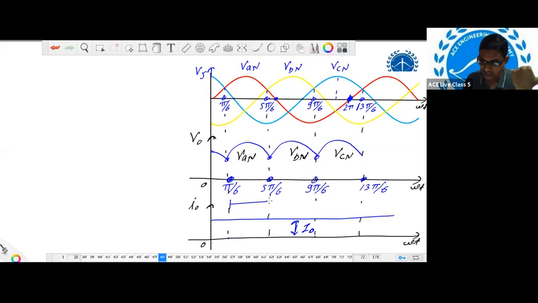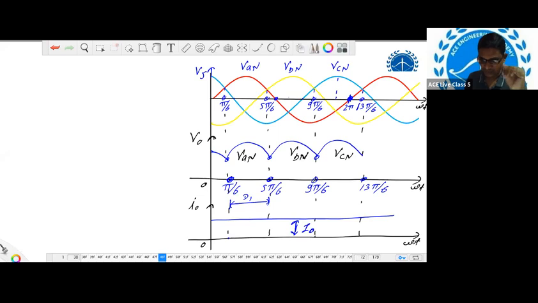Diode D1 conducts only from pi by 6 to 5 pi by 6. So the ID1 waveform will be the same as the load current during the interval pi by 6 to 5 pi by 6, and for all remaining angles it will be 0. From that we can find I0 average, ID1 average, IA average, etc.